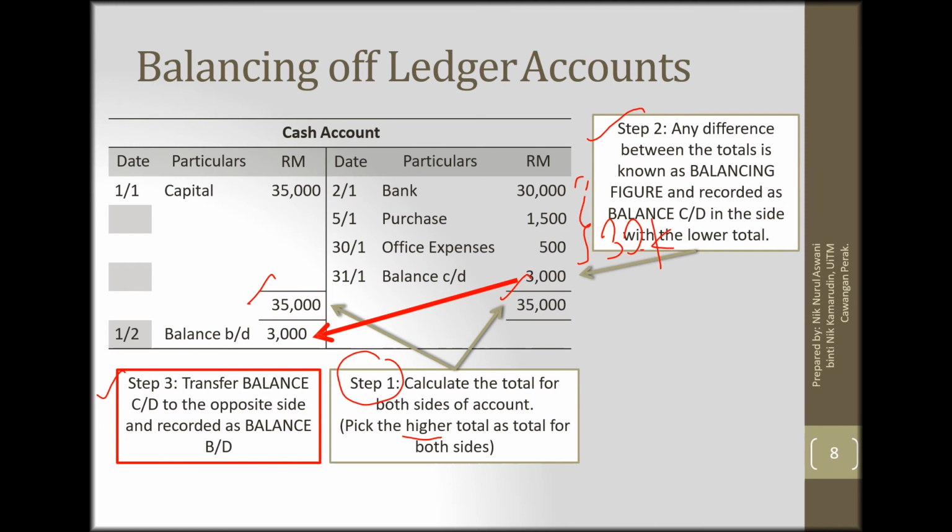Transfer the balance c/d to the opposite side and record it as balance b/d. Why? Because the cash account is an asset account, and a cash account usually will have a debit balance. This is what we call a debit balance.